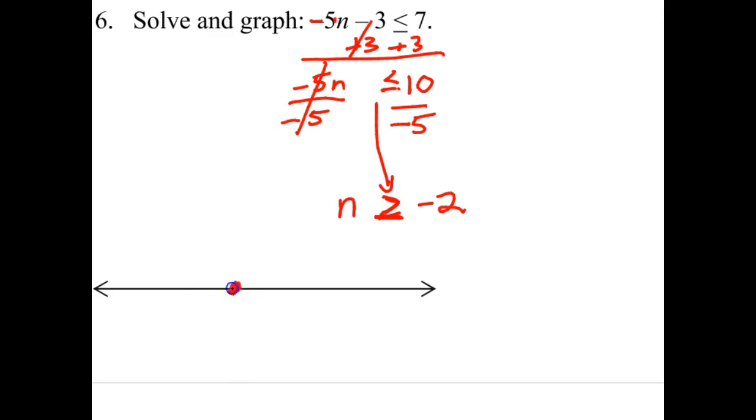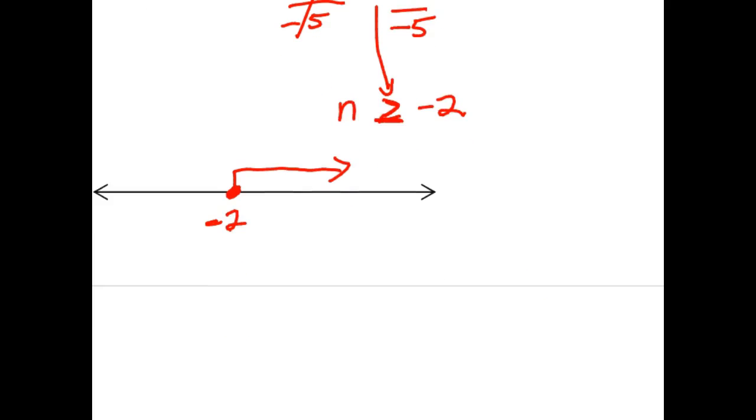So I'm just picking a random place, calling that -2, and greater than would be this direction. So you don't have to spend the time and put -1, 0, 1, 2, 3, and do the whole number line. Just put the number and open or closed circle and the arrow in the right direction. Okay, so that's page 1. Let's go to page 2.